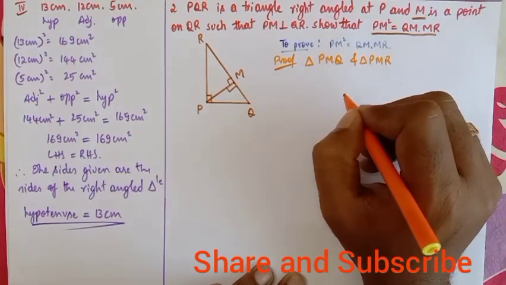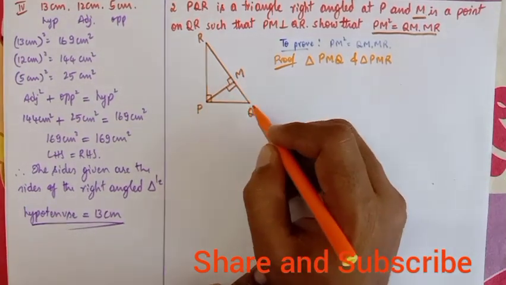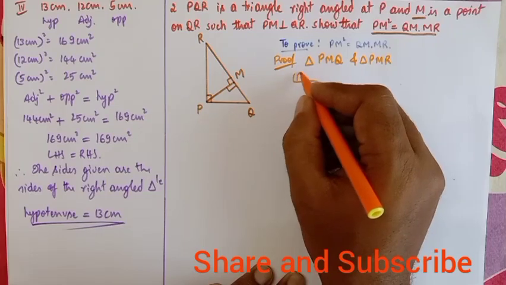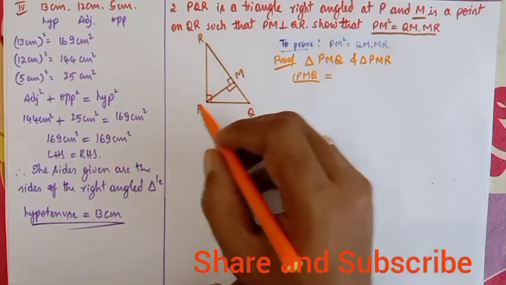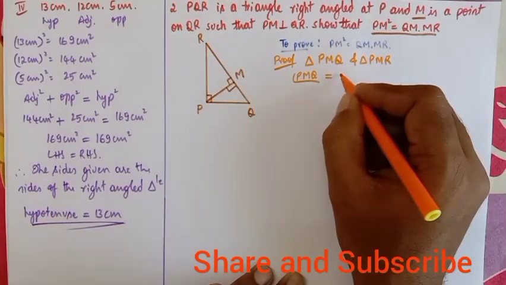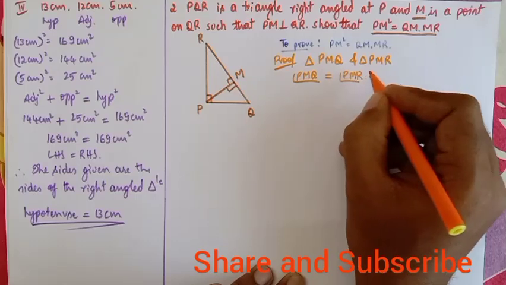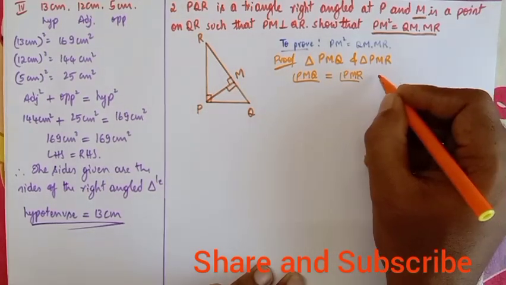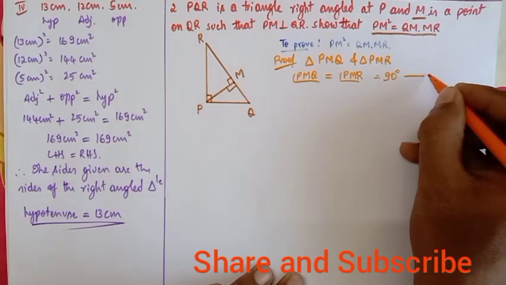In these two triangles, angle PMQ is equal to angle PMR. This is given. How? It is equal to 90 degree. Let us consider this as 1.